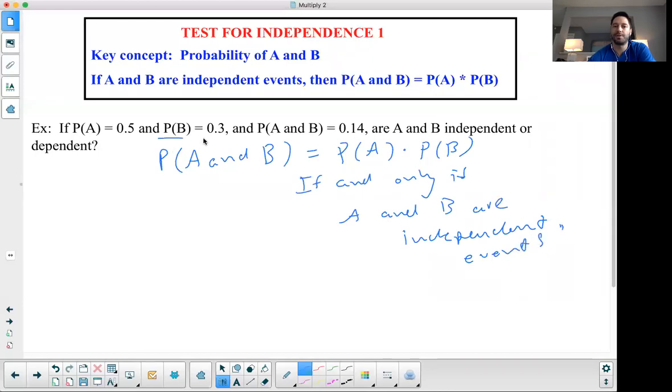So this equation holds only if A and B are independent.